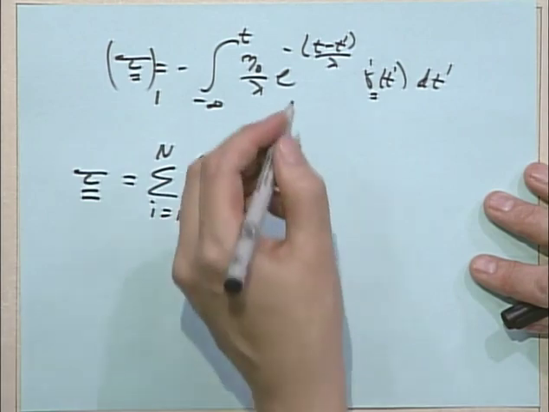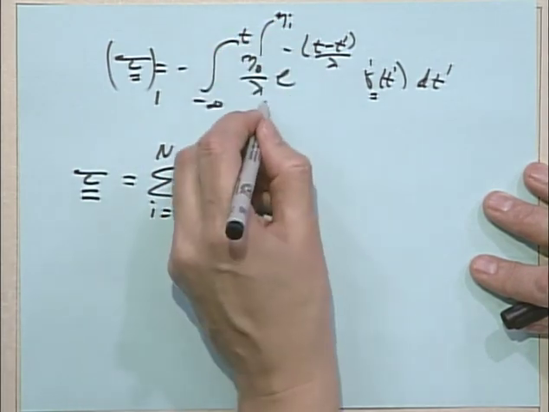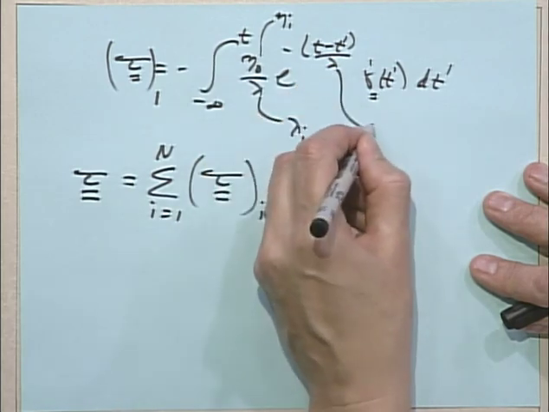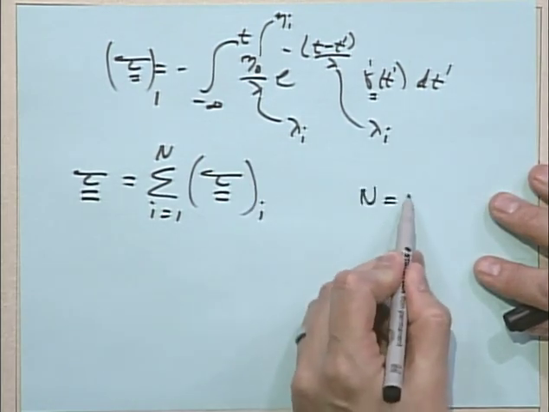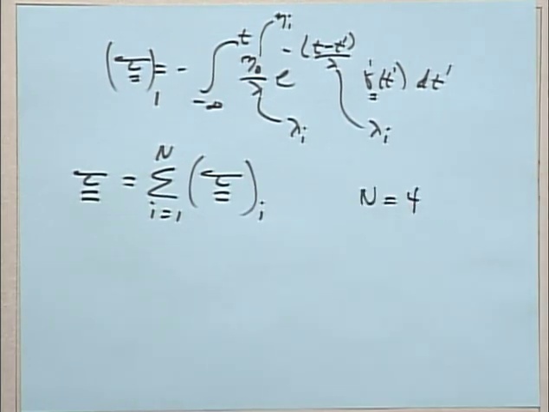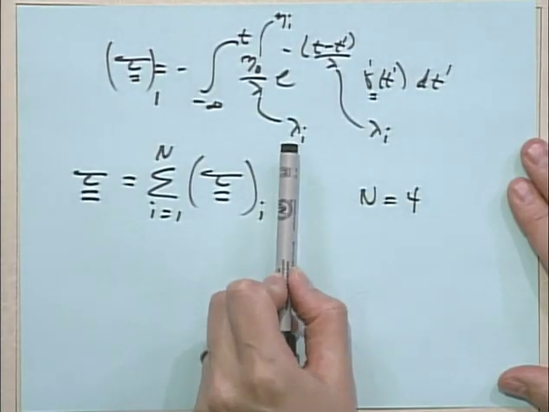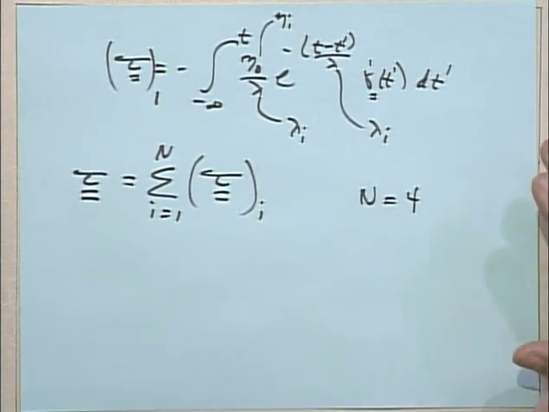So what if I change this to eta sub i, change this to lambda sub i, and wrote, I don't know, n equals 4 different expressions for stress, for different relaxation times. That would be a way of splitting up the relaxation into different modes.